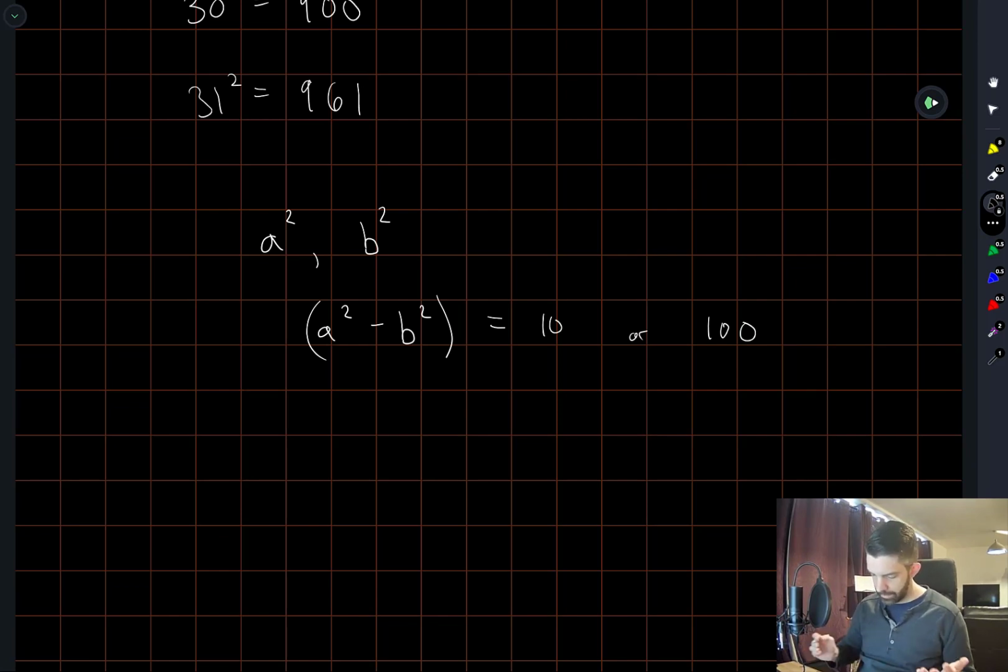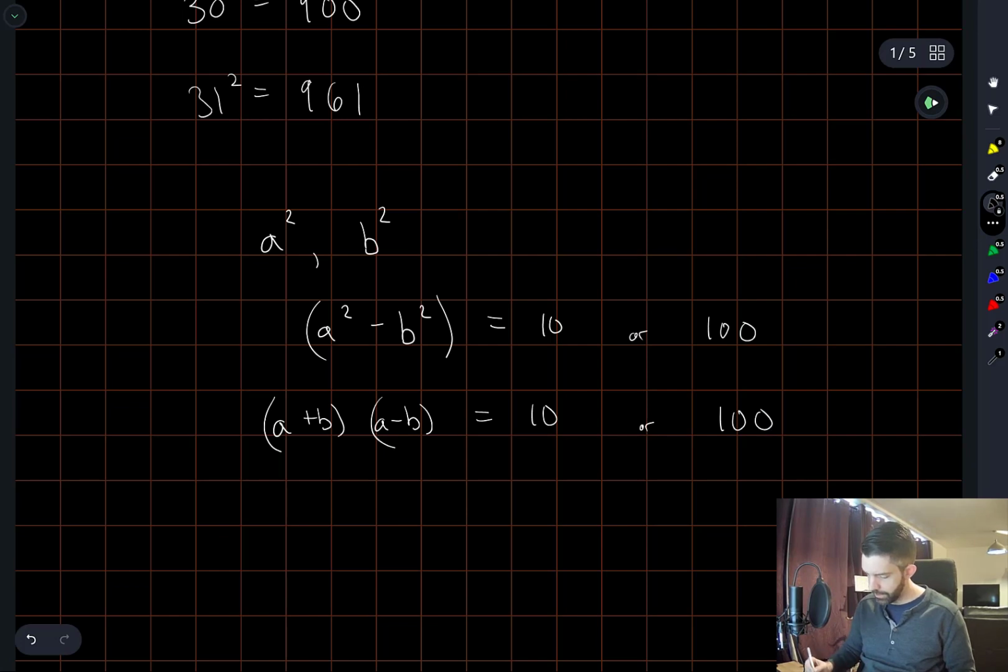Okay, well, I look at this and I think to myself, let's factor the left-hand side as the difference of squares. a plus b times a minus b is equal to 10 or 100. I don't think we're going to get anything where the difference is equal to 10. And to see that, maybe we can even just factor 10, which is, of course, equal to either 10 times 1 or 5 times 2.